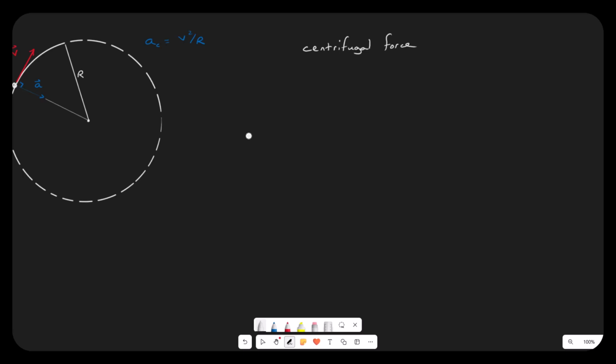Centrifugal means away from the center. The idea here is that there is some force that points away from the center. A centrifugal force is not a real thing. This is not real. But it's what we call a fictitious force, or a non-inertial reference frame correction.